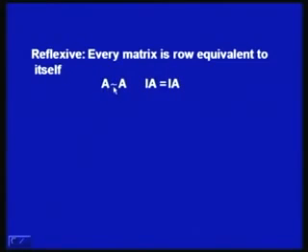I write A is equivalent to B; this symbol is used for equivalence. So, the matrix A is equivalent to A. That means there is a matrix I which when applied to A on the left hand side will give A, the same matrix. So, A is equivalent to A.